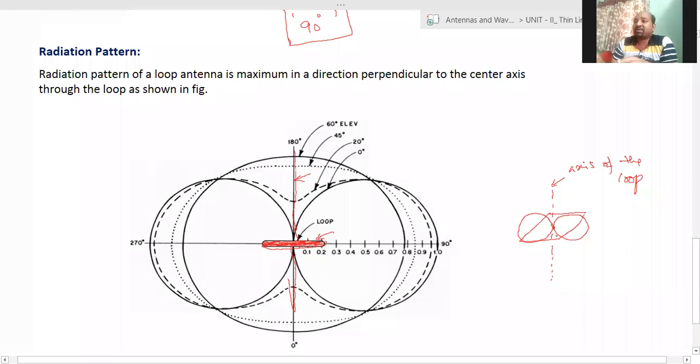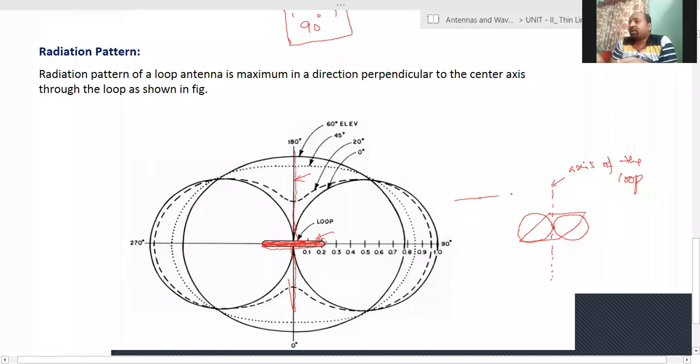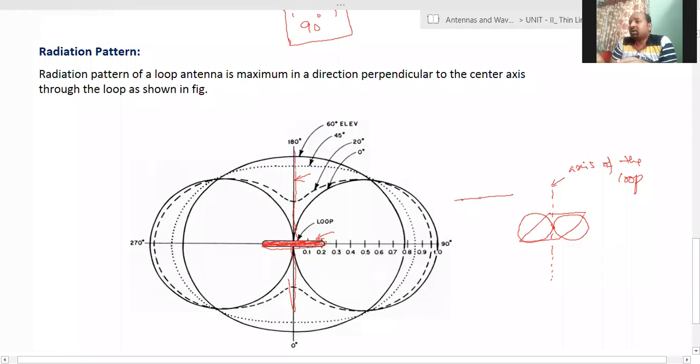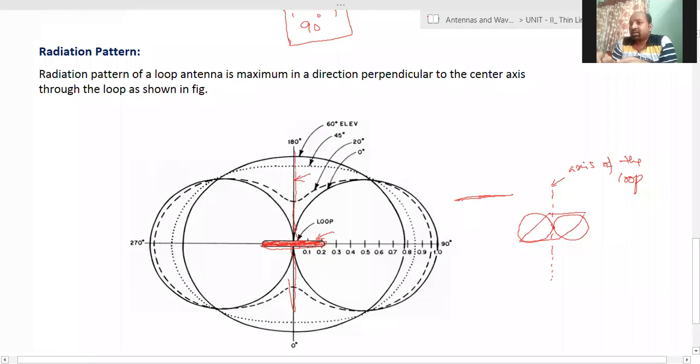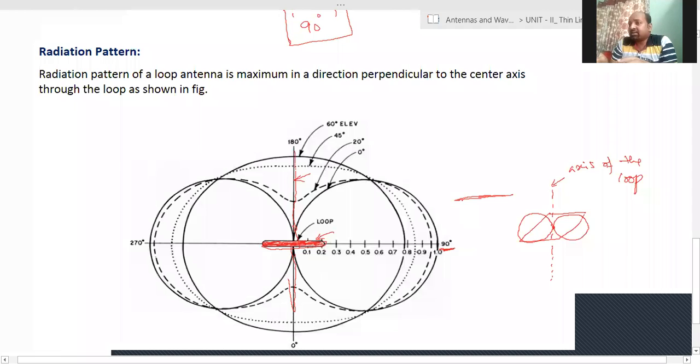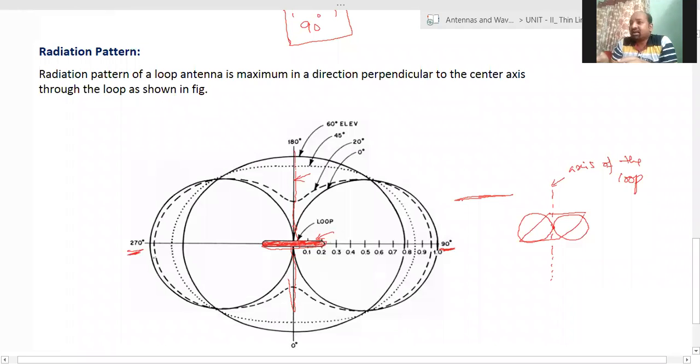And when the loop antenna is elevated, when the loop antenna is here, this is the loop antenna, 90 degrees and 270 degrees on this axis.